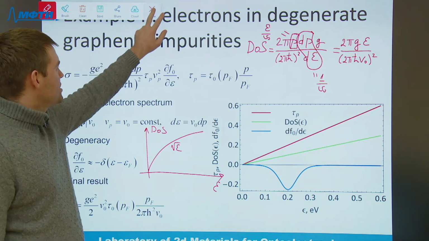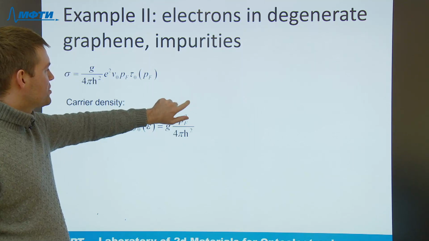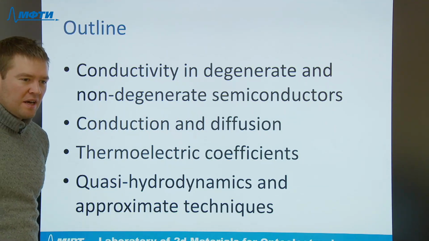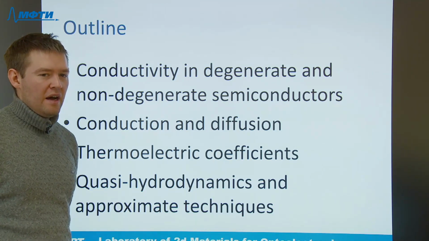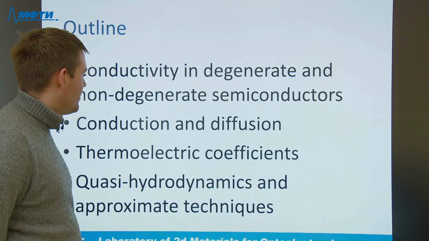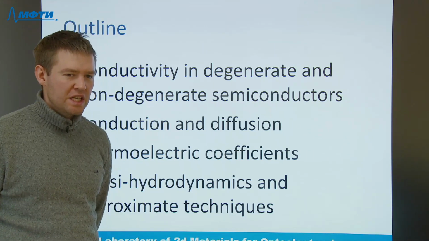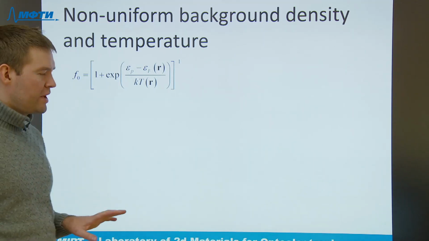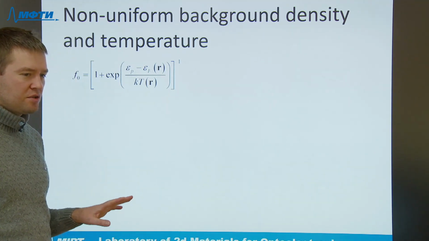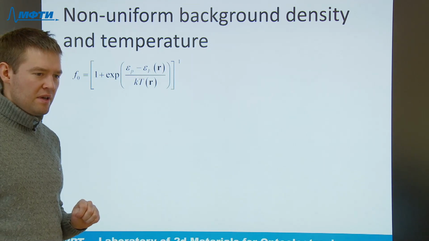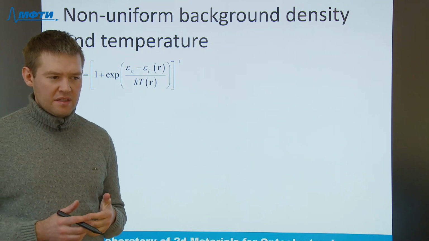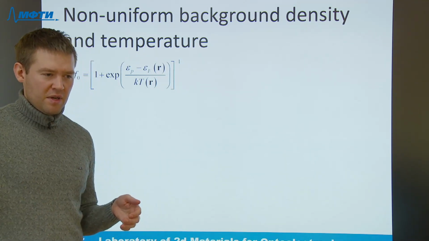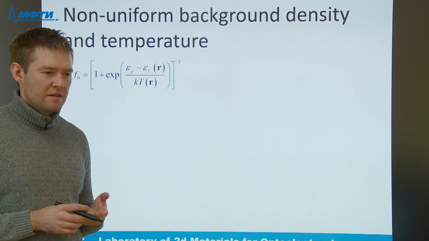Okay, if no more questions, let's pass to more interesting situations where the kinetic equation allows us to handle the processes of diffusion and heat conduction. The formal trick that can help us to do this is to assume that, for example, the sample is subjected to temperature gradients: one end of the semiconductor is hot, the other one is cold.